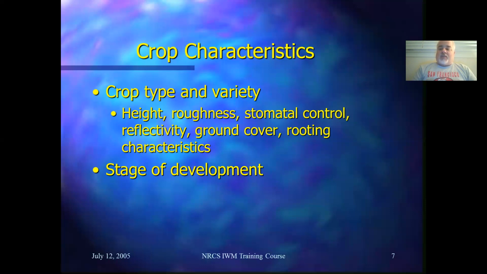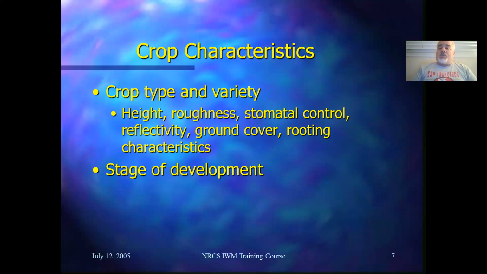So every crop is different, and we learn about our crops in terms of what its typical water characteristics are, and based on what we're growing and the varieties and our management techniques, we can tweak those numbers a little bit. And the stage of development: if it's very, very young and small, it has less transpiration occurring.